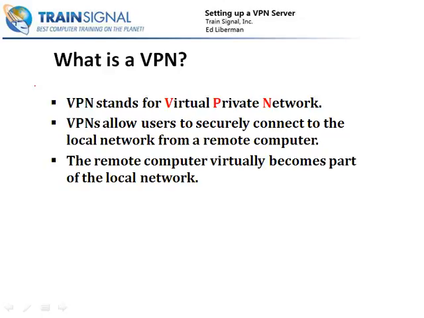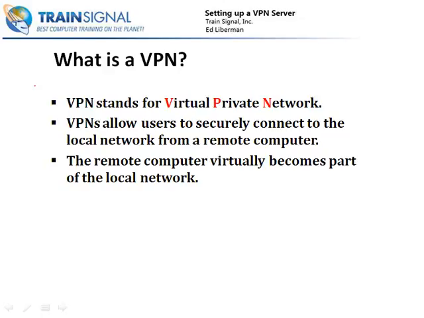What happens is that the remote computer, that laptop, let's say, that they have with them in the hotel room, virtually becomes part of the local network. That's what's kind of cool about it: even though they're in some other location, pretty much anywhere else in the world, they are able to not only connect to the network, but once the connection has been established, their computer becomes part of the local network, meaning it's almost as though that computer is physically sitting within the boundaries of our own local network.